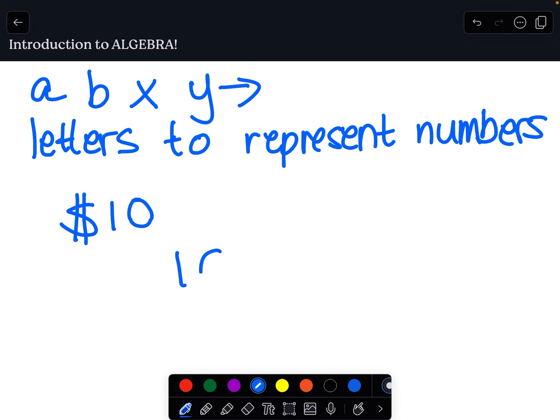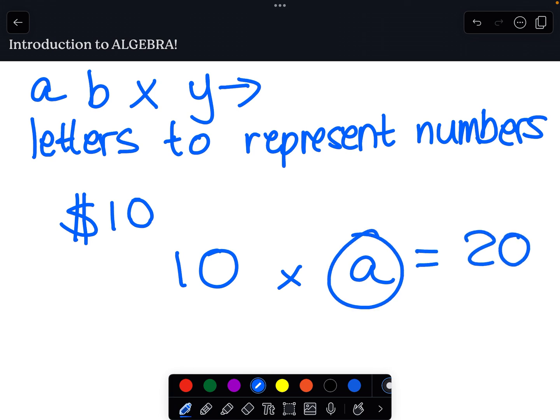So the equation, and I hope I don't confuse you here, is going to be, I have $10 multiplied by a number I don't know. I'm going to call it A. Actually, 10 times A, and it's going to give me $20. So what A represents is how many yards I need to work on and rake their leaves.